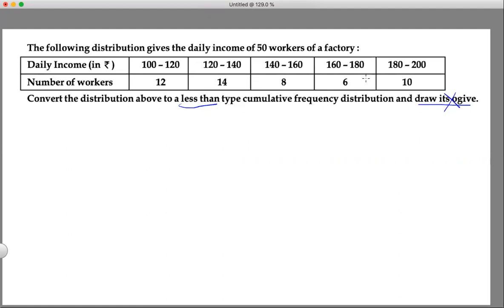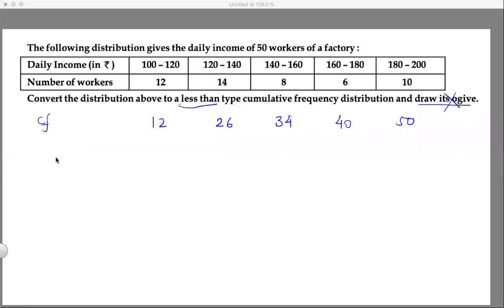Now what do we have to do? We have to just put our cumulative frequencies. So 12, then 20, less than 120, less than 140, less than 160, and so on up to 40.